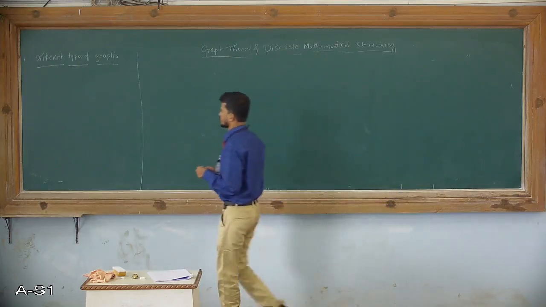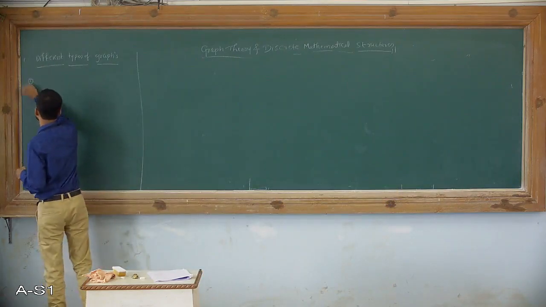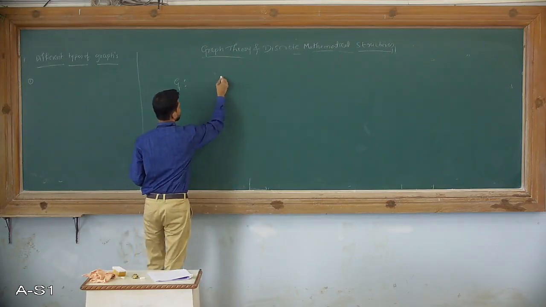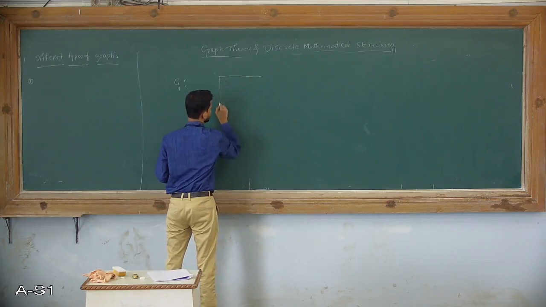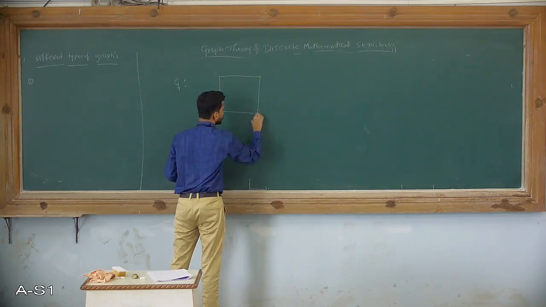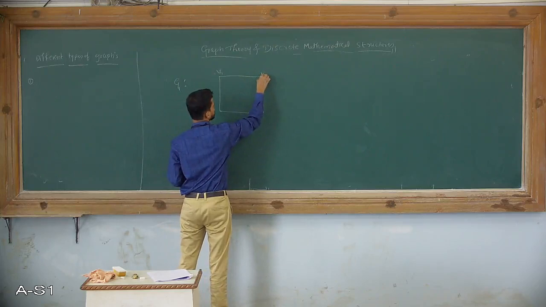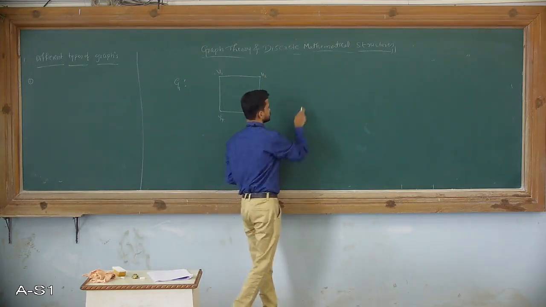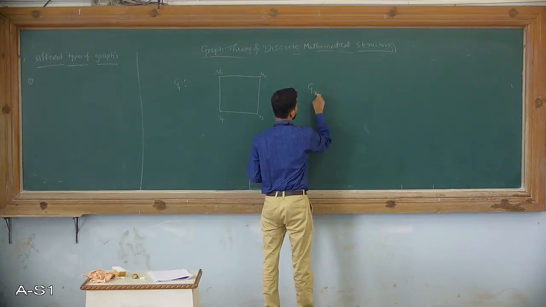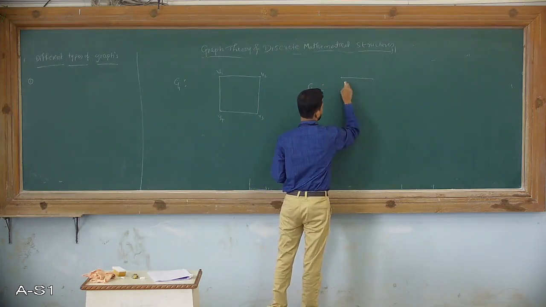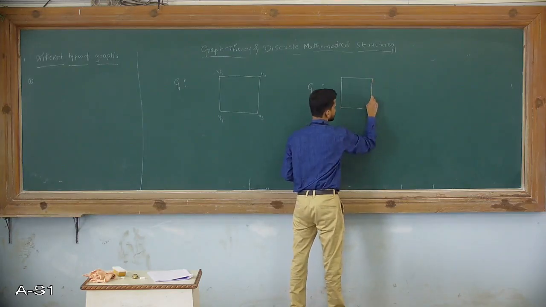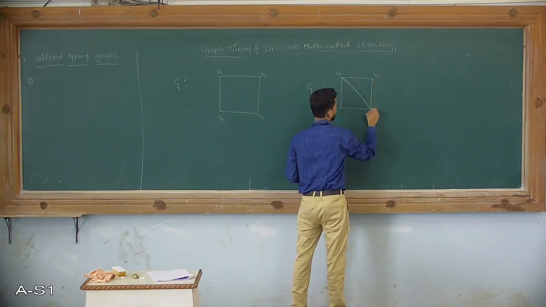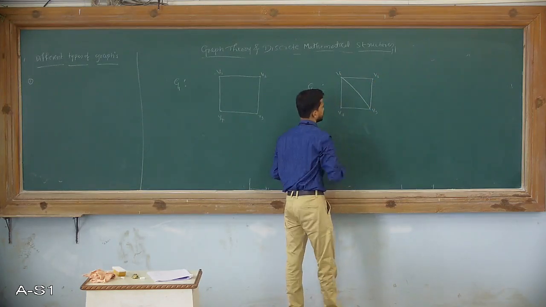To deal with the first type of graph, I will consider a graph G1. Here the vertices are V1, V2, V3, V4. I will consider G2, again with the same set of vertices V1, V2, V3 and V4.